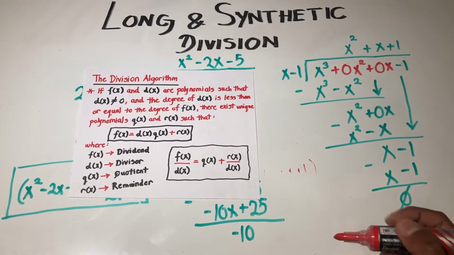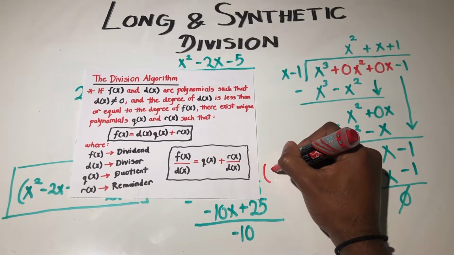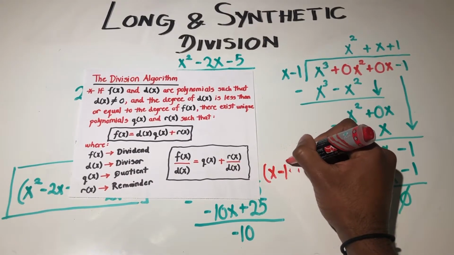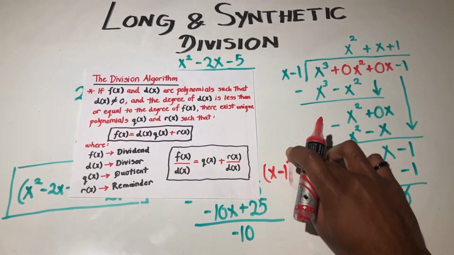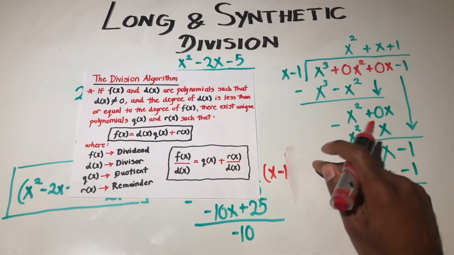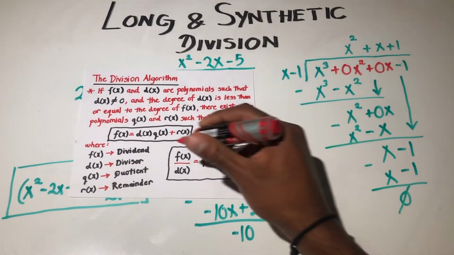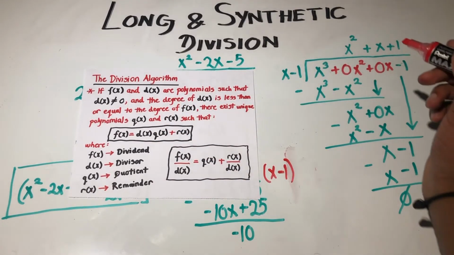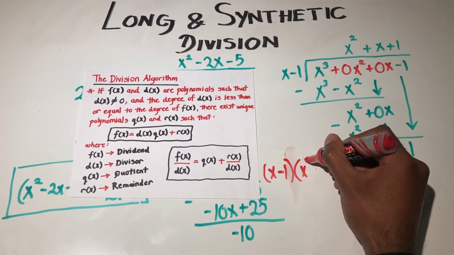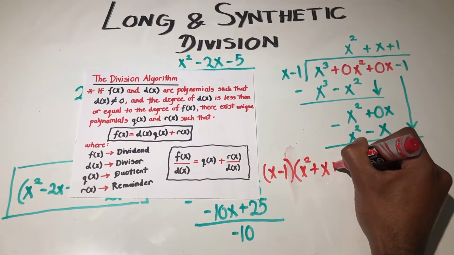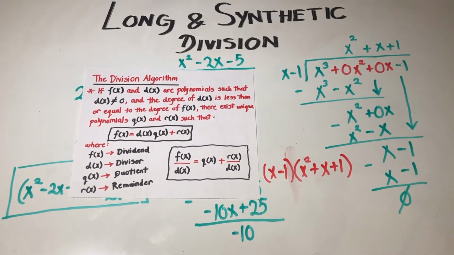D of x, our divisor, which is x minus 1, times our quotient, which is x squared plus x plus 1. And that's our answer.